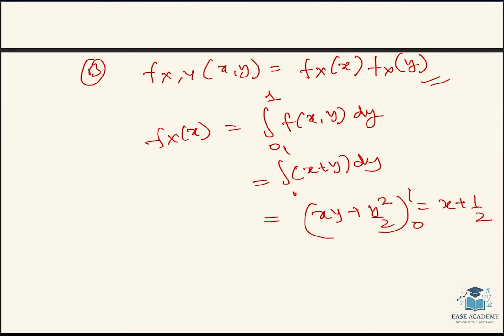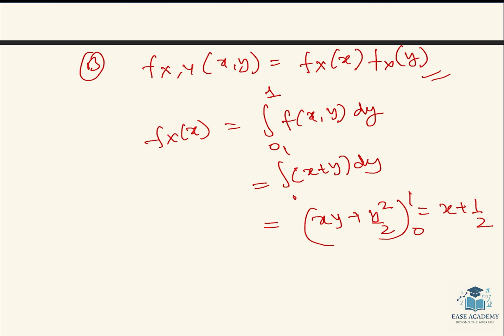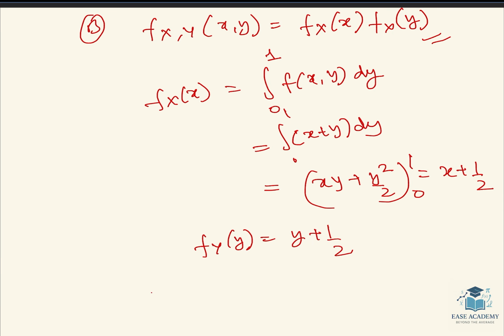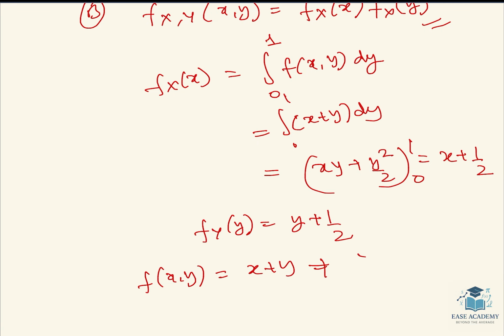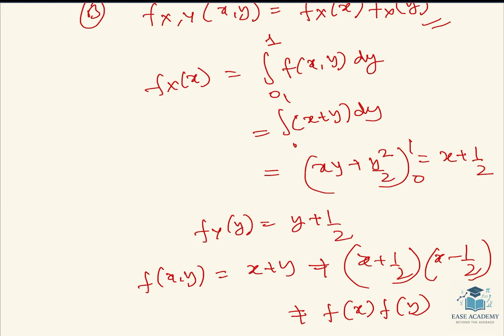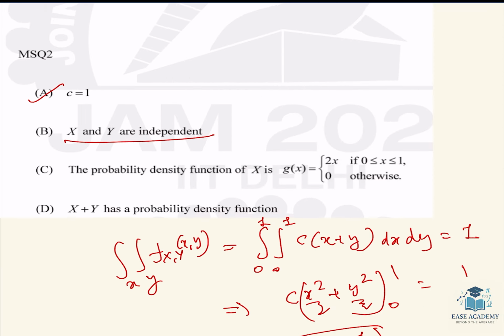Similarly, since both are symmetric, for y we get the same by replacing x by y, that is y plus half. The joint density function is x plus y, which is not equal to (x plus half) times (y plus half). That is not equal to fx into fy. That means B is wrong.